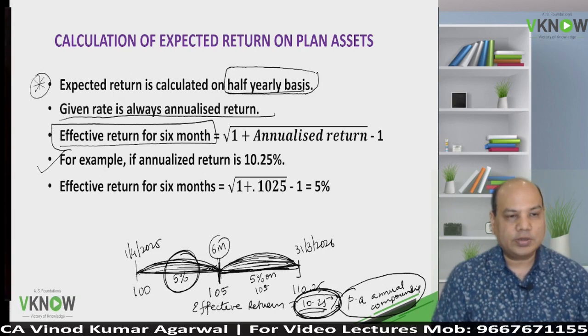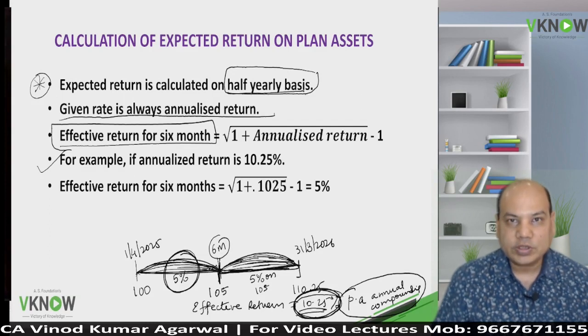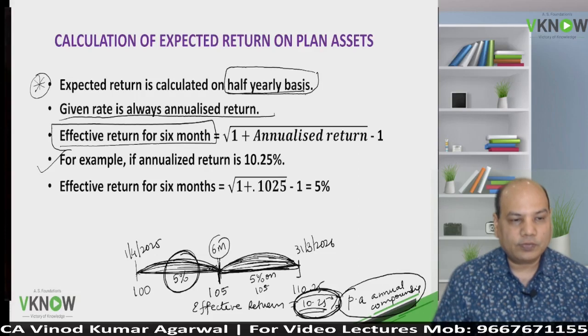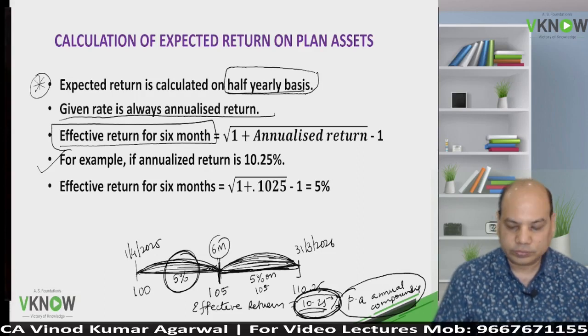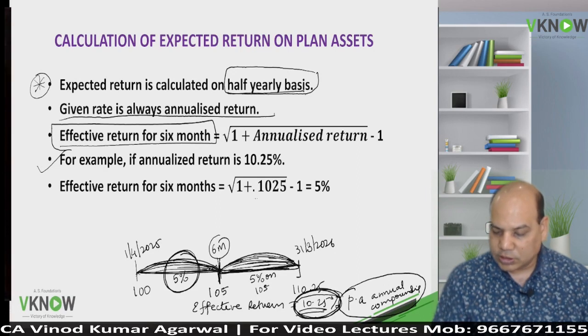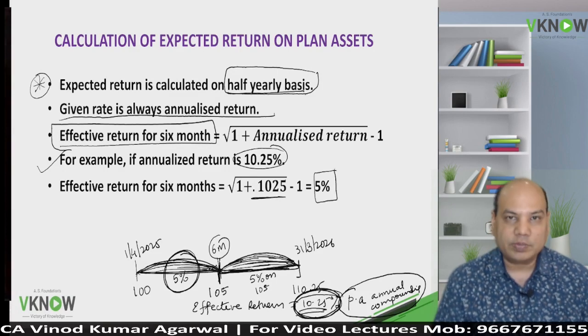So you will write effective return for 6 months equal to under root 1 plus annualized return, which is 10.25%. I will write 0.1025, minus 1, and you can check yourself, it is 5%.